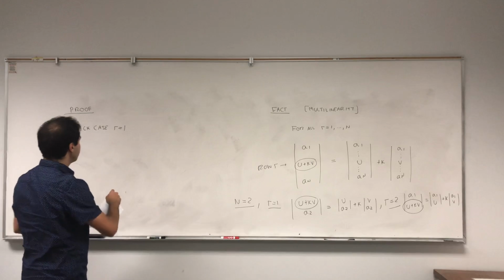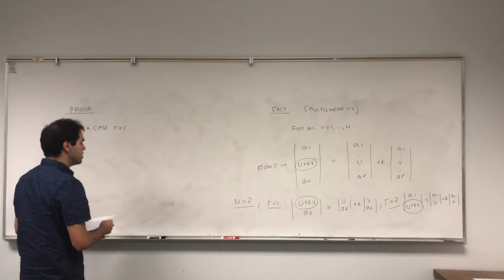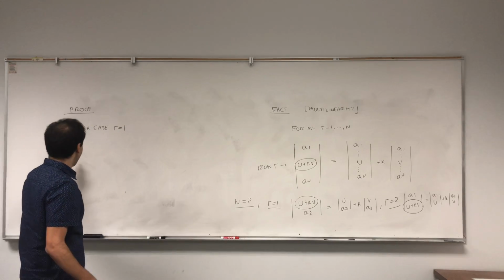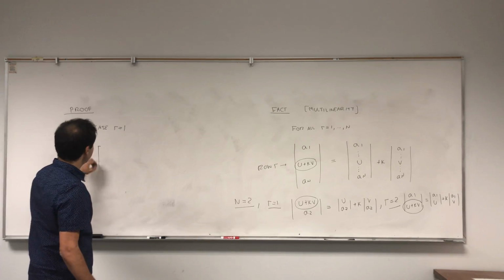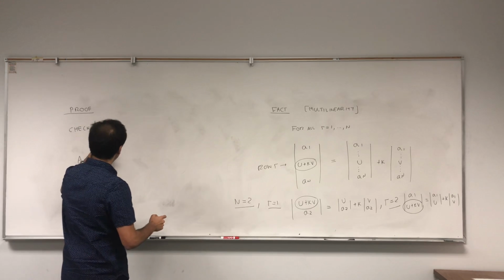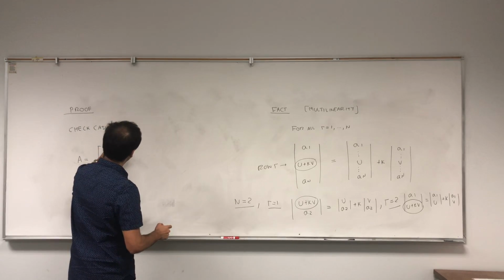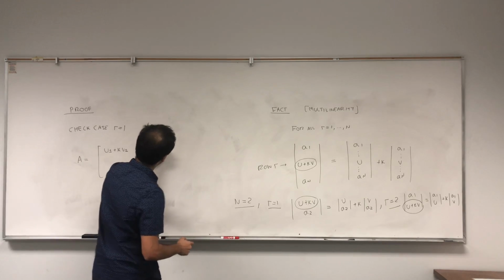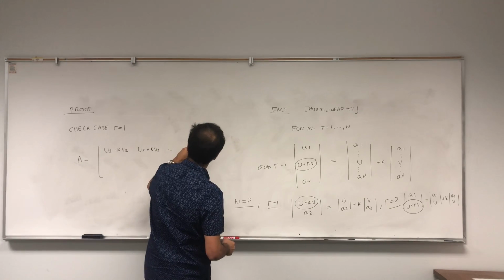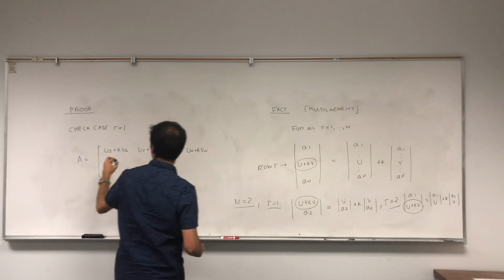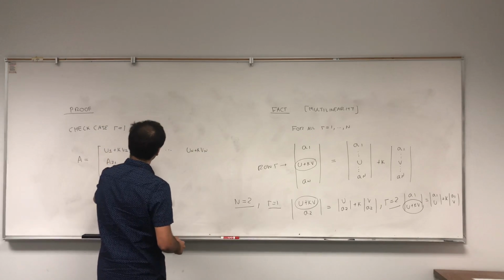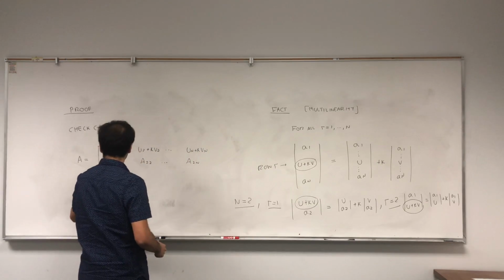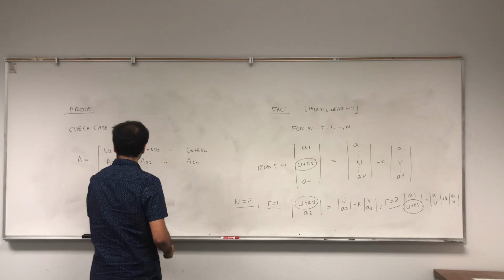Okay, so what is the case r equals 1? What this means is that A is of the following form: the first row is u1 plus k v1, u2 plus k v2, up to un plus k vn, and then the other rows, a21, a22, up to a2n, until the last one, ann.